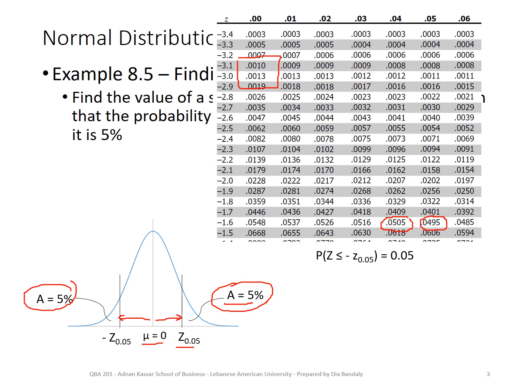This one corresponds to Z minus 1.64, and the other one is minus 1.65. I'm looking for the one in the middle, so my Z will be between minus 1.64 and minus 1.65. I take their average and Z is minus 1.645. So I hope that you understand the importance of the symmetry of the Z curve.